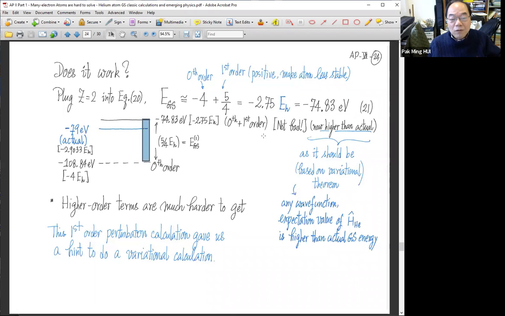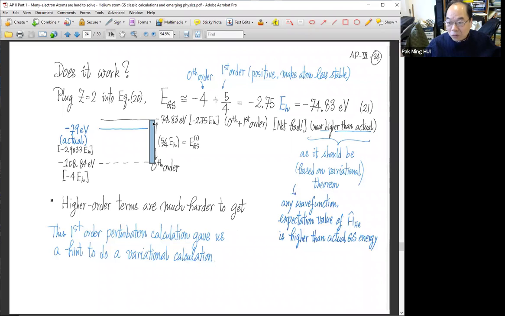Now, first of all, you must appreciate it seems to work not too bad, right? So the difference now is much smaller, 5 eV or so, 4 eV. Now secondly, it takes us above the actual thing. Now that is a good sign. First order perturbation, you can take it as a stupid variation calculation, right?